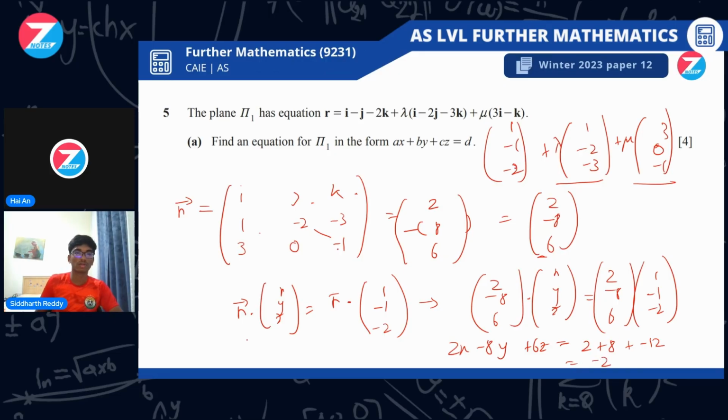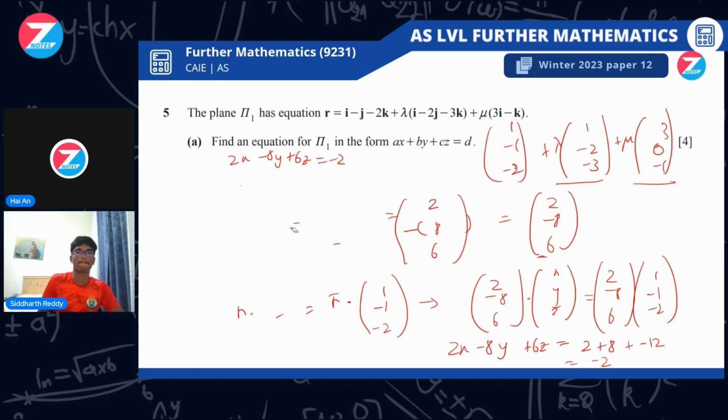So we got 2x minus 8y plus 6z is equal to minus 2. And we can divide the whole thing by minus 2 to get x minus 4y plus 3z is equal to minus 1.